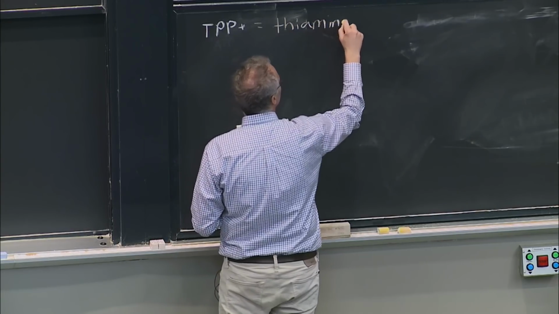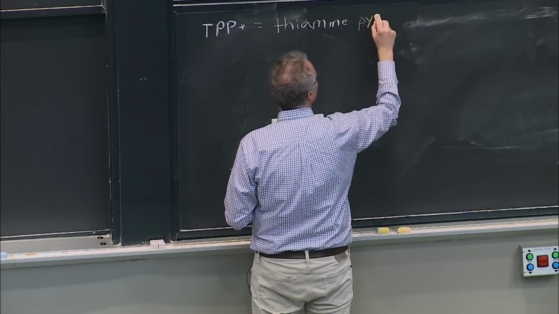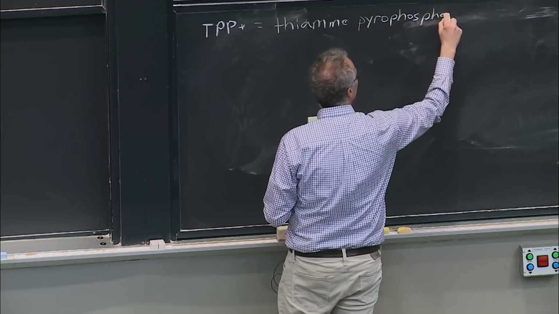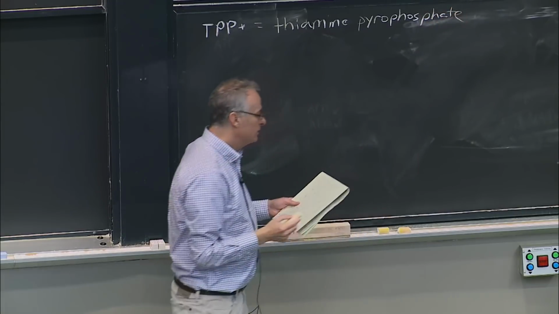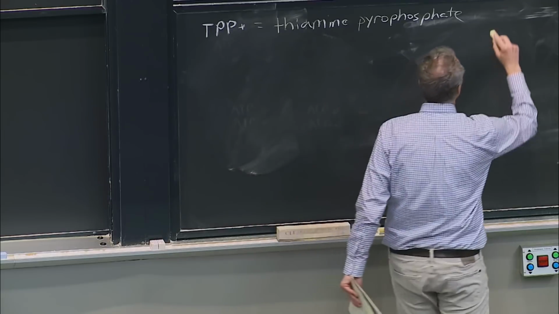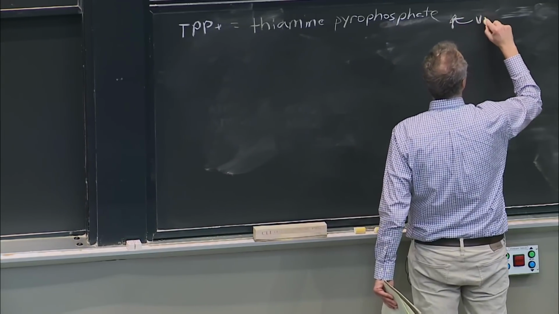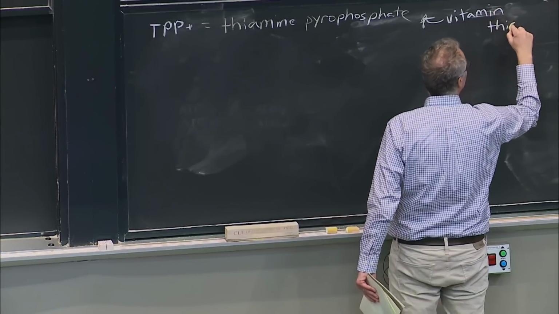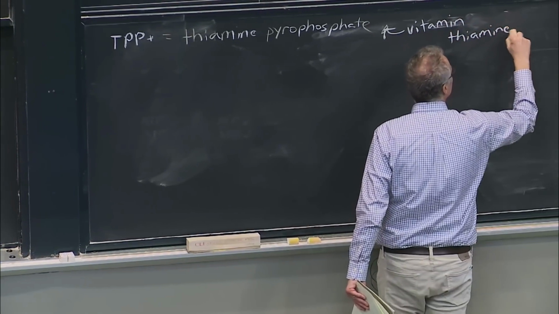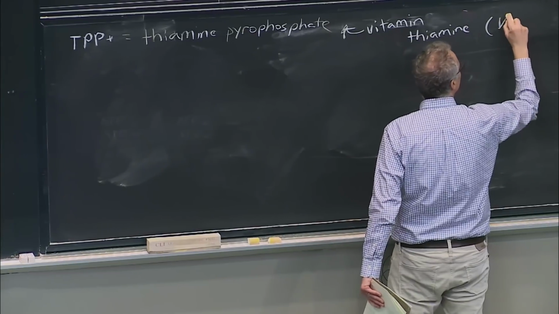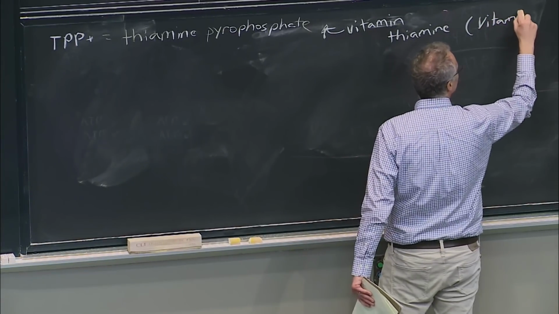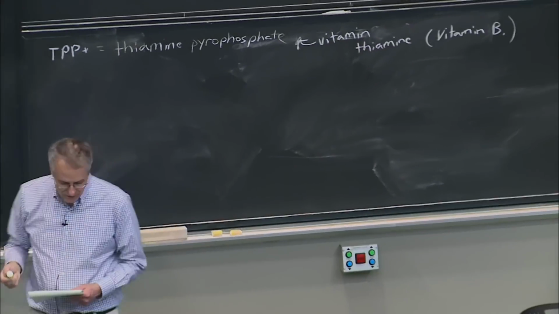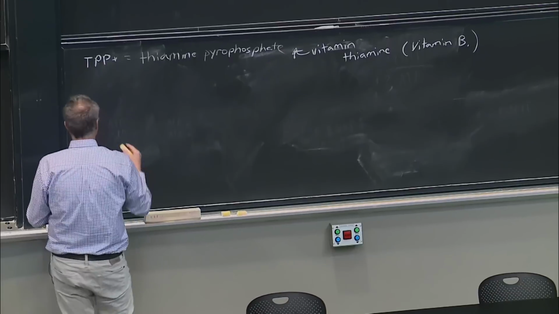thiamine pyrophosphate. TPP+, which is derived from the vitamin thiamine, sometimes also referred to as vitamin B1. And so this is what TPP+ looks like.